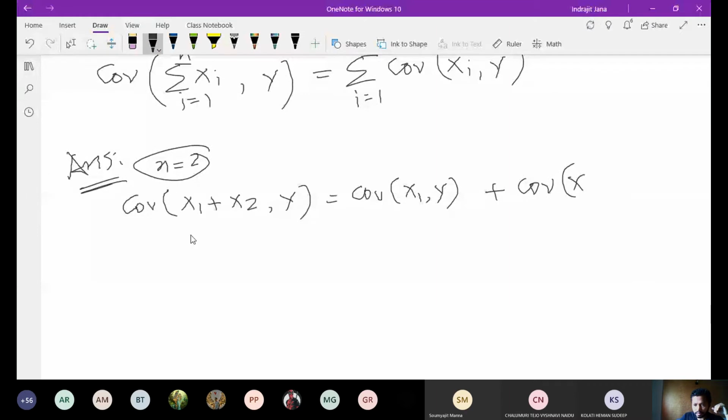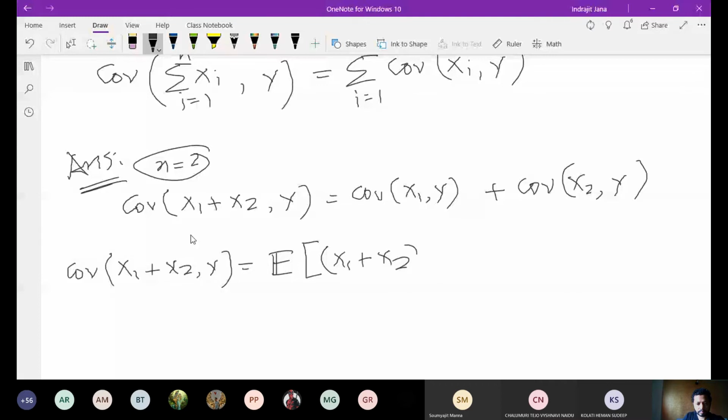So how do I prove this? Covariance of x1 plus x2, y is equal to expectation of, by the definition of covariance, x1 plus x2 times y, minus expectation of x1 plus x2 times expectation of y, which is again very high school algebra here.